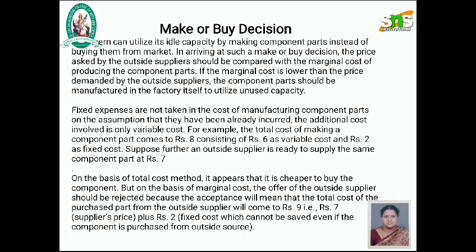On the basis of total cost, it appears cheaper to buy the component, but on the basis of marginal cost, the offer of the outside supplier should be rejected, because acceptance means the total cost of the purchased part will become ₹9, that is ₹7 supplier price plus ₹2 fixed cost, which cannot be saved even if the component is purchased from an outside source.